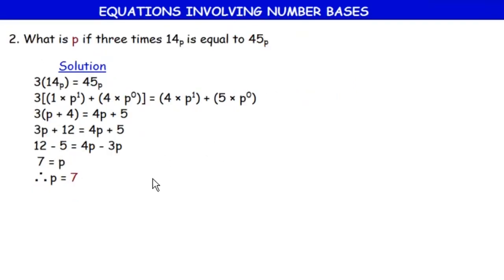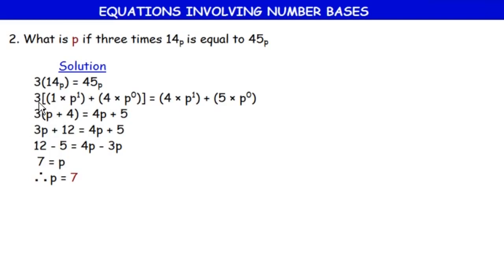Okay, let's look at this final example. What is p if 3 times 14 base p is equal to 45 base p? Right, so this is a simple question. So here let's try to convert everything to base 10, right?